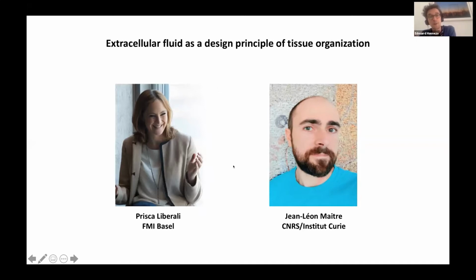And I think both of their backgrounds reflect the interdisciplinary nature of the field. So Priska was trained as a chemist and a molecular biologist before getting more and more interested in the principles of multicellular self-organization, in particular in organoids, since she started her lab in 2015 at the FMI in Basel, where she recently became senior group leader.